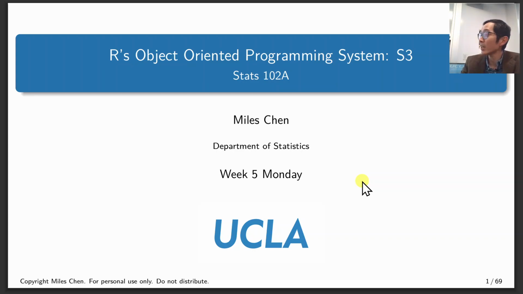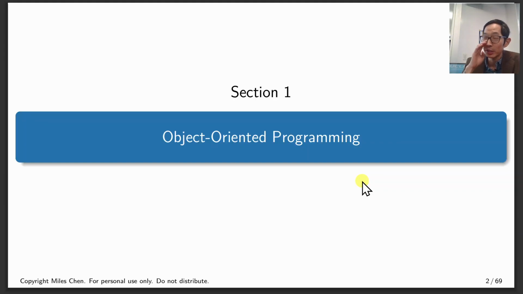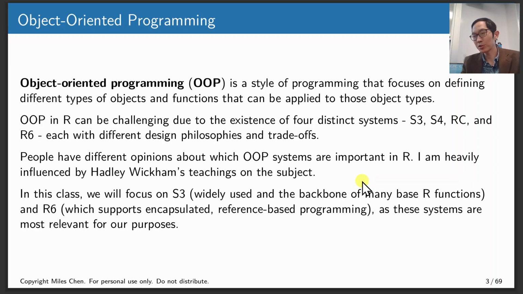Today we're going to look at object-oriented systems in R, and today we'll focus on the S3 system. Okay, so just to introduce object-oriented programming, some of you may already be familiar with OOP systems.